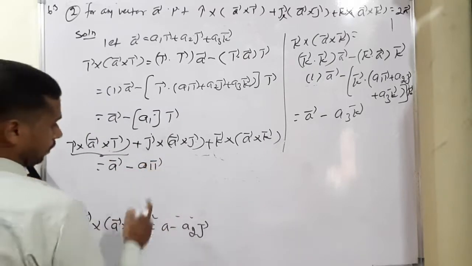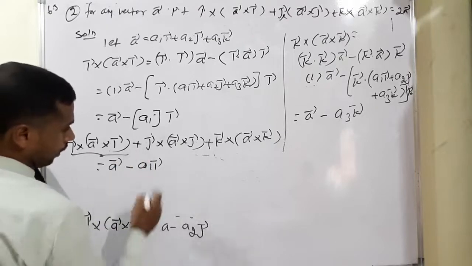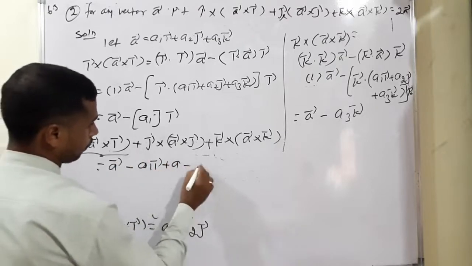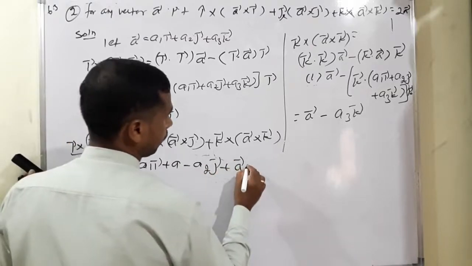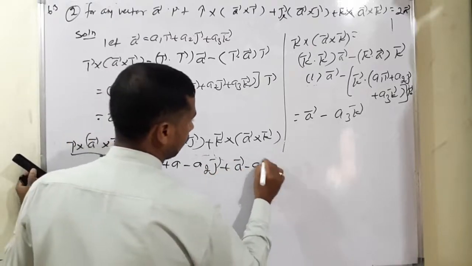Next condition, this is plus sign, so plus A minus A2 J vector. Last condition, plus A vector minus A3 K vector.